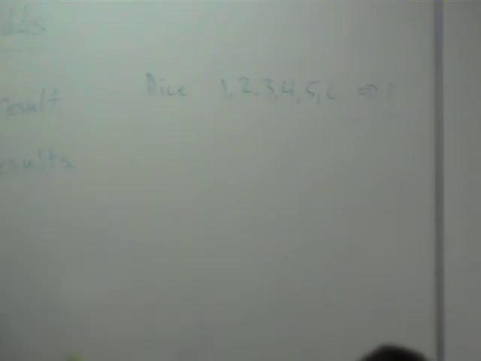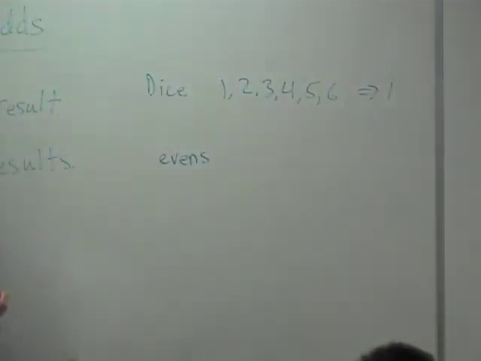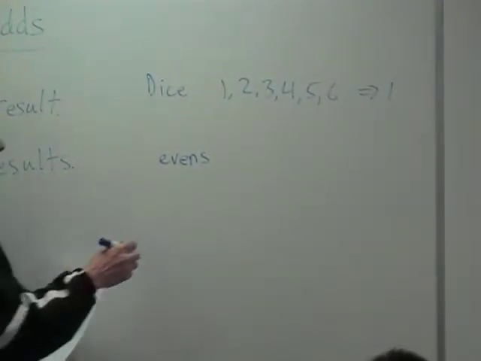Only one face that comes up. For an event, for dice, if I wanted the evens, how many are there? There are 3.